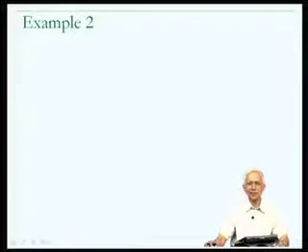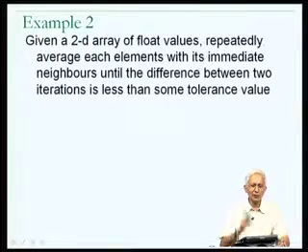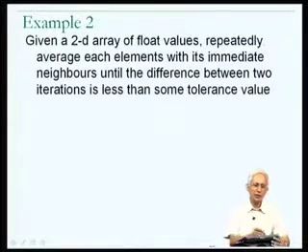Now, I wanted to do one more example of a parallel program, thinking about a parallel program. And this is slightly more realistic in that it's going to try to do a numerical task of a particular kind. Now, the setting is that we have an application in which it is necessary to do some kind of an iterative procedure on a two-dimensional array of floating point values.